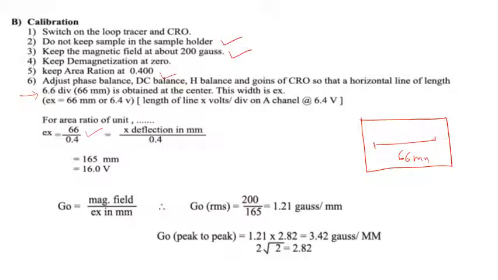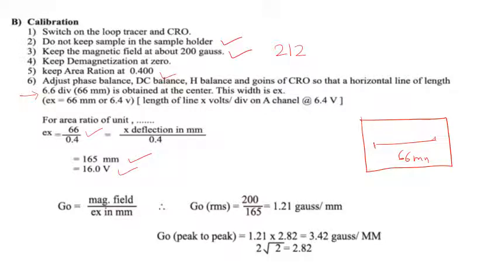When you do it for your own experimental setup, it will not be exactly 200 Gauss; it will be slightly different. For somebody it may be 212 Gauss, for some students it may be 200 Gauss, so these values will change slightly. This will be 165 millimeter, and this corresponds to 16 volt.